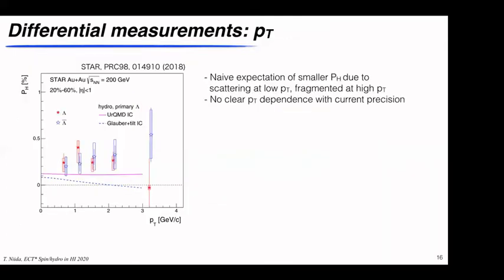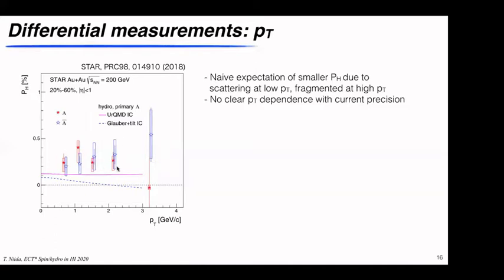And we also look at the pT dependence for 200 GeV. The naive expectation is that we may have this polarization due to, for example, scattering at the low pT and also the effect of the fragmentation at the high pT. But the 200 GeV data does not show any clear pT dependence.